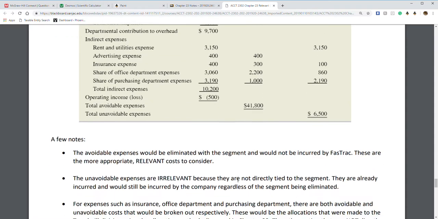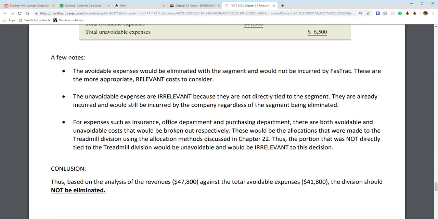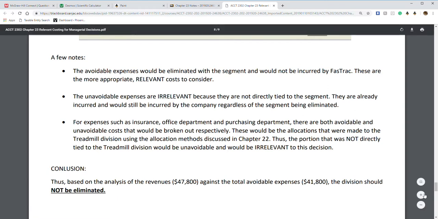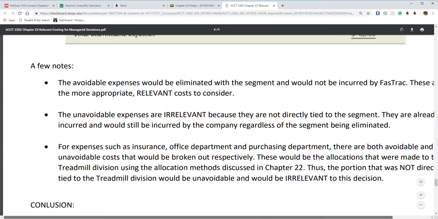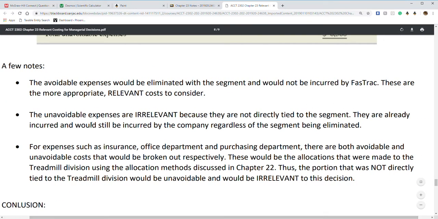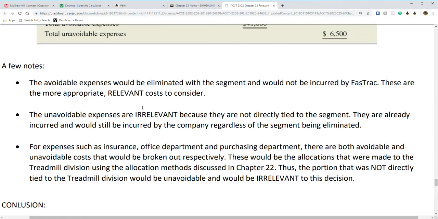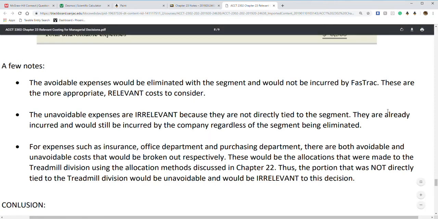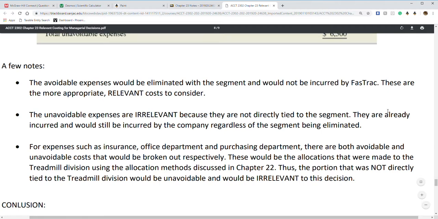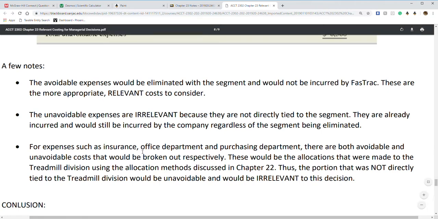Okay. So again, here are our notes. Avoidable expenses would be eliminated with the segment, and more appropriately, they're relevant costs to consider. Unavoidable is irrelevant because they're not directly tied and they're going to stay forever anyway.